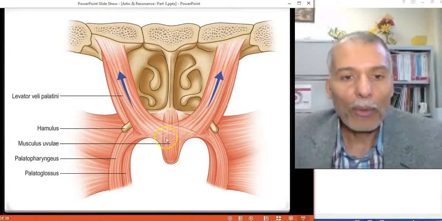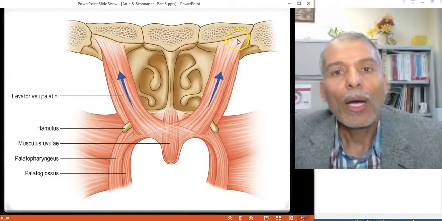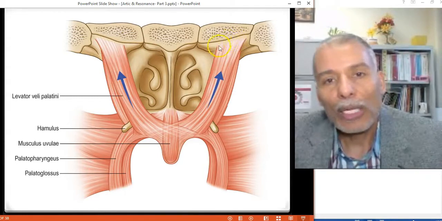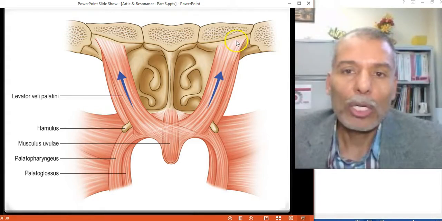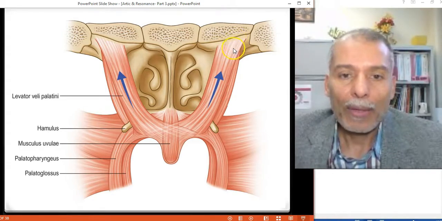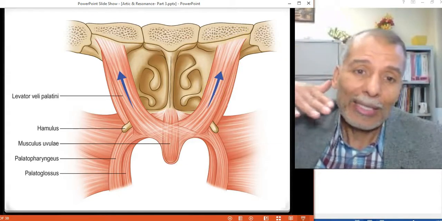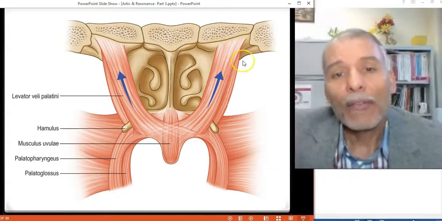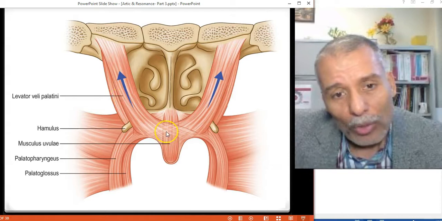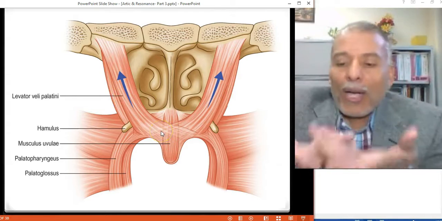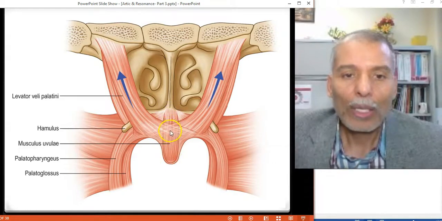So, for example, here's the origin of the muscle, on the temporal bone. This area is called the petrous, or the hard, portion of the temporal bone, and the muscle courses inferiorly and anteriorly, and the fibers cross to connect with the fibers on the other side under the musculus uvulae.